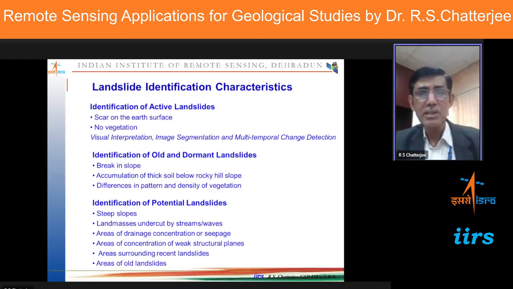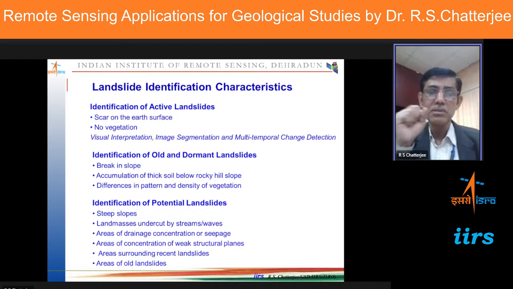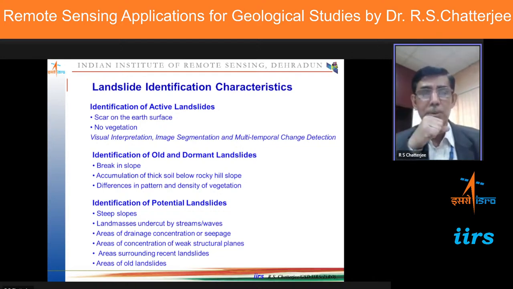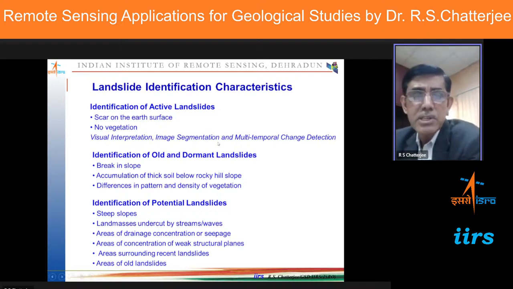But we are mostly interested in the identification of the active landslide. From the scar on the Earth surface, we can identify that a recent landslide has happened. From the scar, from the absence of vegetation, by visual interpretation, by image segmentation, or by advanced techniques like multitemporal change detection, you can identify this landslide scar.